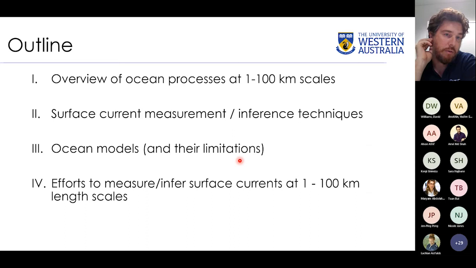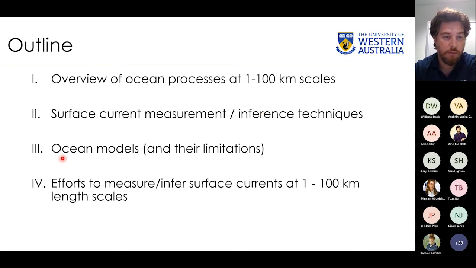So what I'm going to talk about today is 4 topics. Firstly, a general overview of these ocean processes at the 1 to 100 kilometre scales. Second, a general overview of surface current measurement techniques, where I'll differentiate between what is measured and what is inferred.